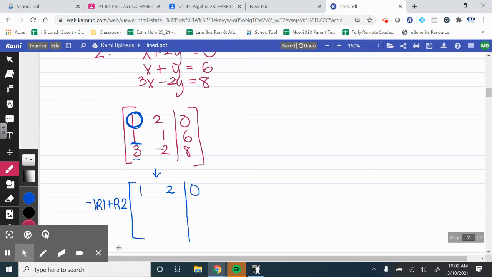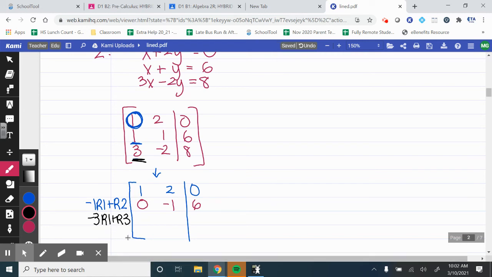Okay, so pause your video, go through and do just that row, and I'll show you the next one in the same matrix. All right, so that should be 0, negative 2 plus 1 is negative 1, and 0 plus 6 is 6. Okay, the next one, I want to get this 3 to become a 0. So now I'm going to do negative 3 times, always the lead 1 row, and I'm changing row 3, and that's where I label it on the new matrix.